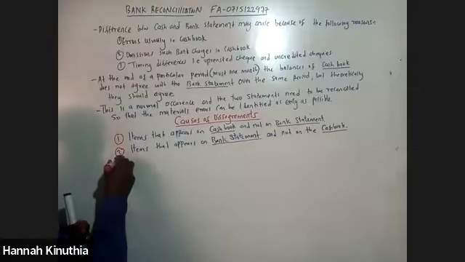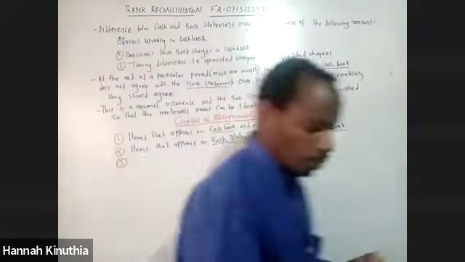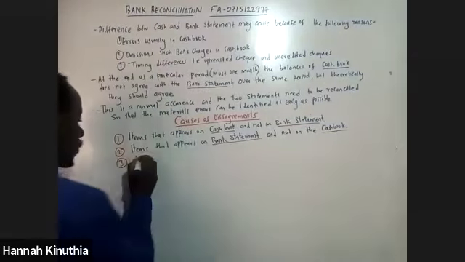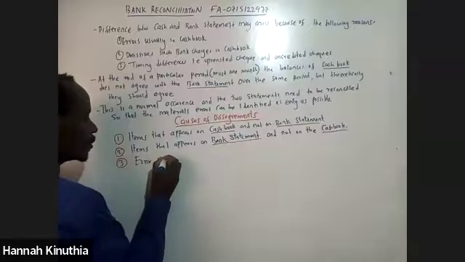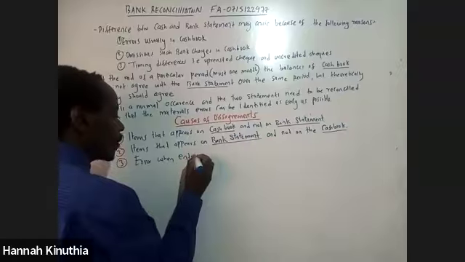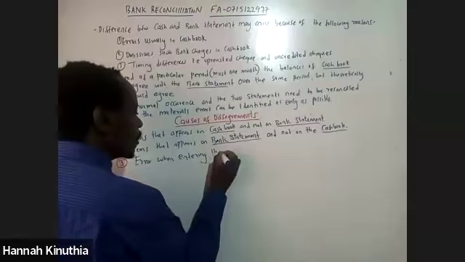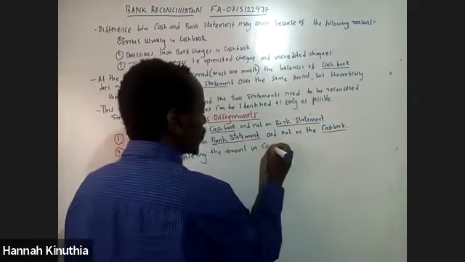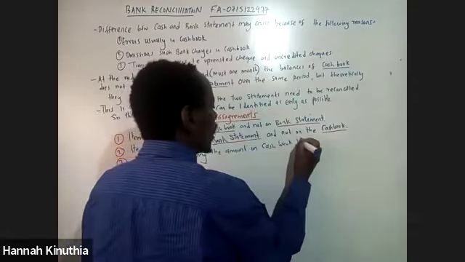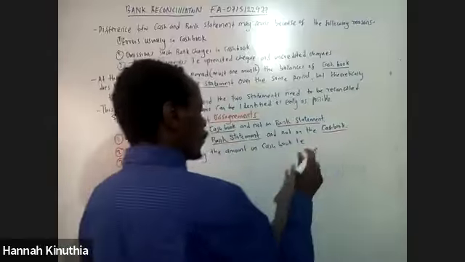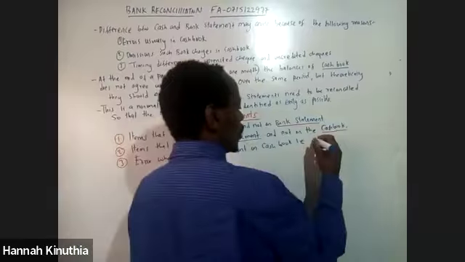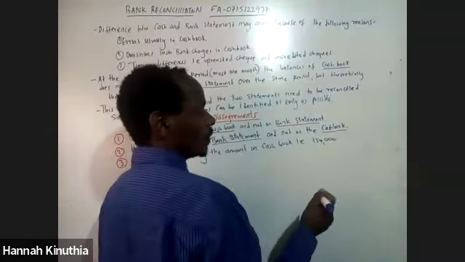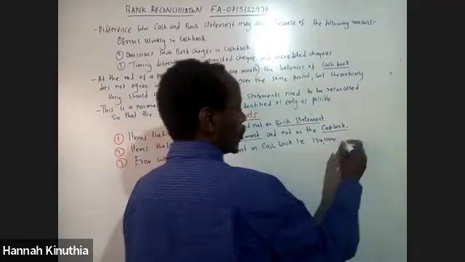Number three, we can talk about errors when entering the amount on the cash book. For example, you are supposed to insert 143 but you insert 134 instead.